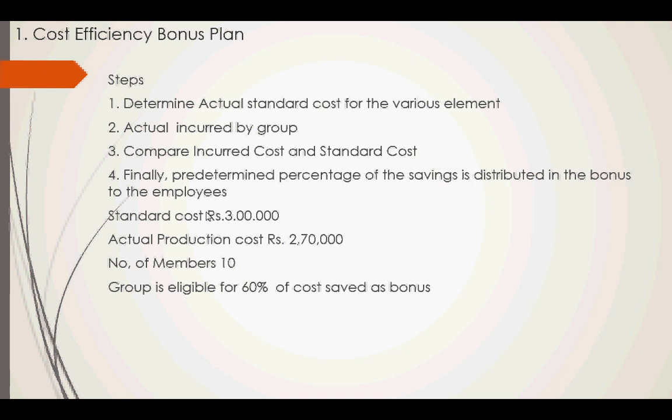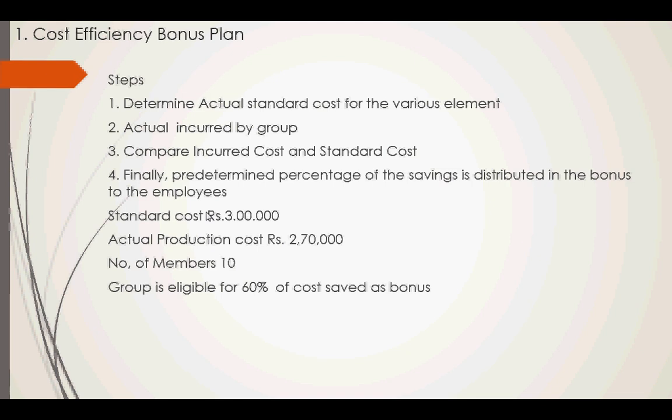Actual cost incurred by the group. Compare incurred cost and standard cost. Finally, a predetermined percentage of savings is distributed as bonus to the employees. Okay, so this is cost efficiency bonus plan.